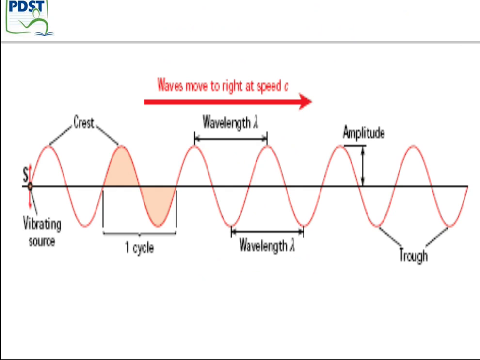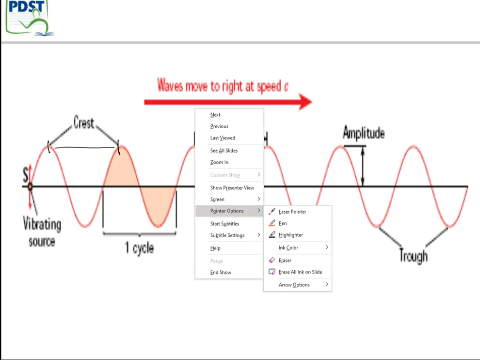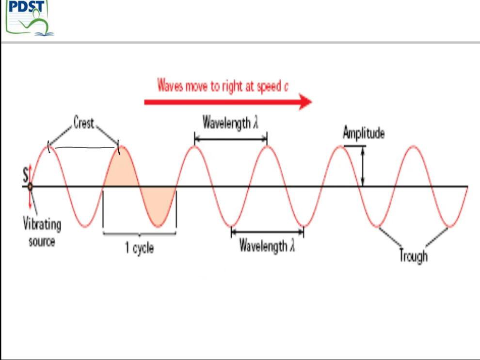Now, important terms about a wave, some of the things that we really discussed. You look at two adjacent positions and say this is the wavelength. Now, each wave has what we call a crest.